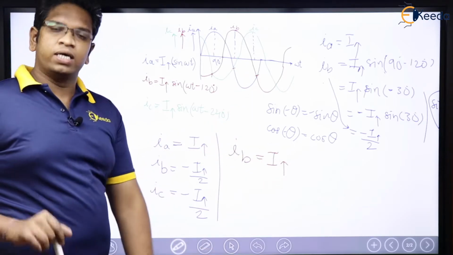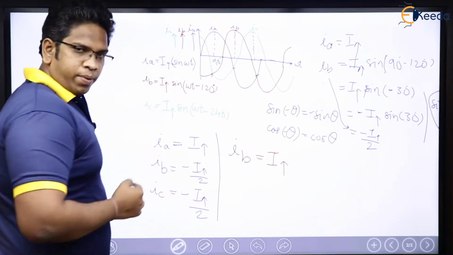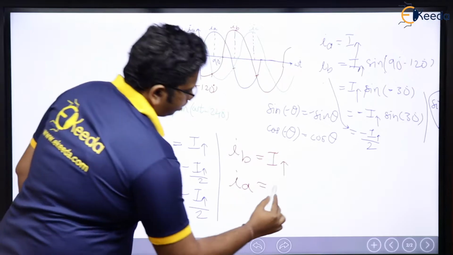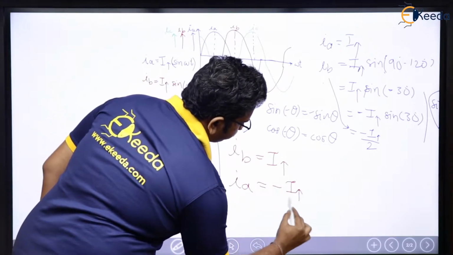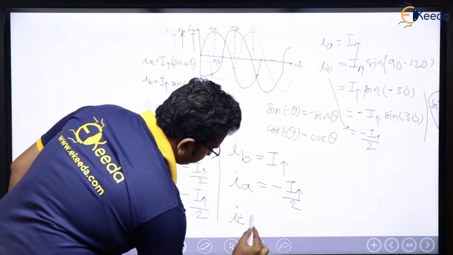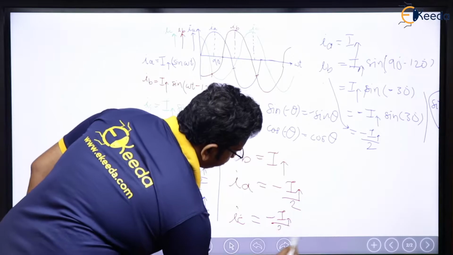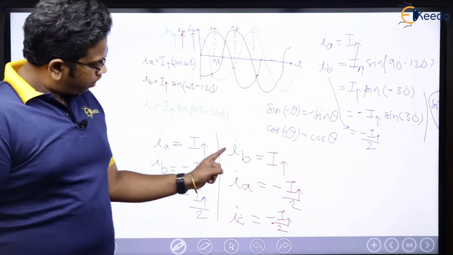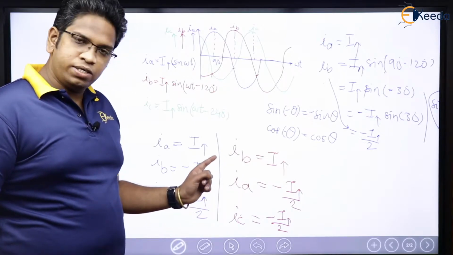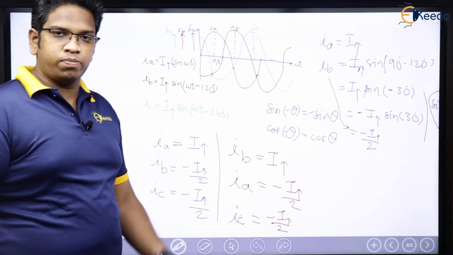You can verify. The answer is going to be C here. When IB is equal to I maximum, IA will be minus I maximum by 2, and IC will be minus I maximum by 2. Means when IB is positive maximum, IA is going to be half of negative maximum, IC is also going to be half of negative maximum.